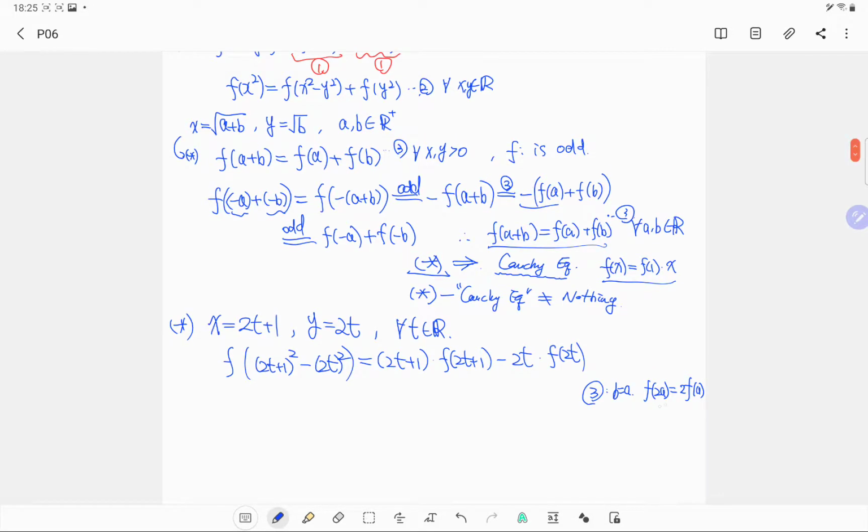Or actually we can go further, like f of n times a equals n times f of a, for n a positive integer.